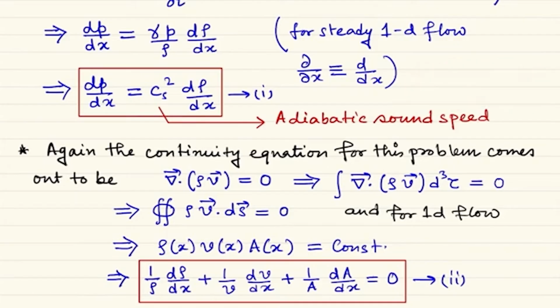Okay, and finally, we can take an arbitrary volume element, and that is true for all the cross-sectional surfaces which are normal to the fluid flow.